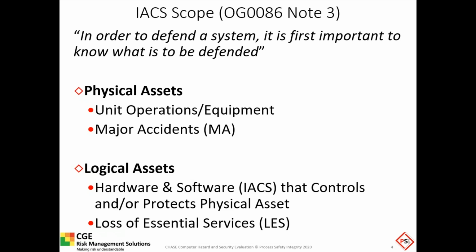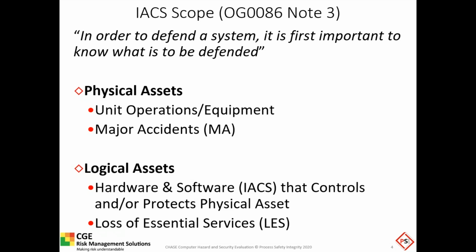We're looking at physical assets, the unit operations or major equipment on your plants or processes. And these are important because they could lead through loss of containment to a major accident. And then you have the logical assets, the industrial automation control systems that control, supervise, protect your physical assets.